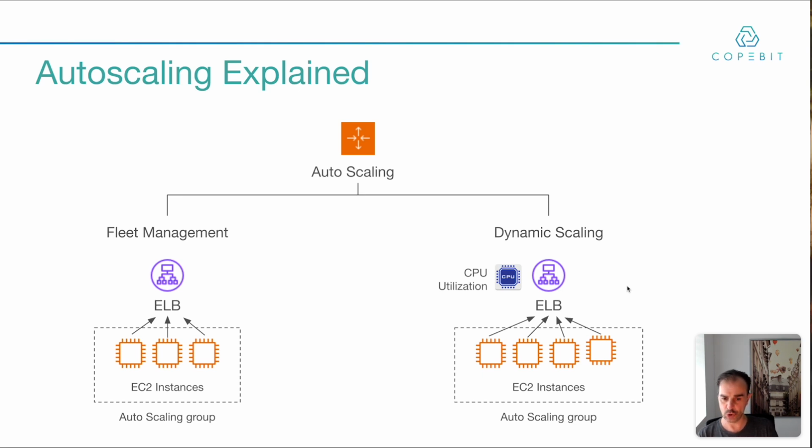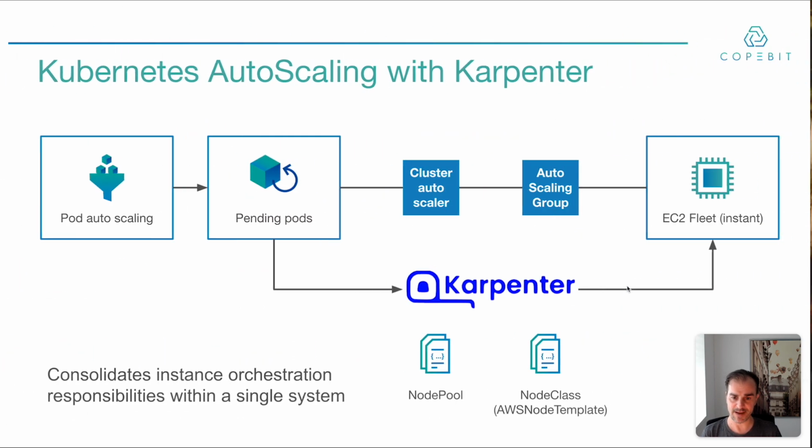Autoscaling is good, but it is slow. And that slowness is not good for Kubernetes, because it takes about 5 to 10 minutes to launch new EC2 instances into a Kubernetes cluster with autoscaling, and that's not fast enough.